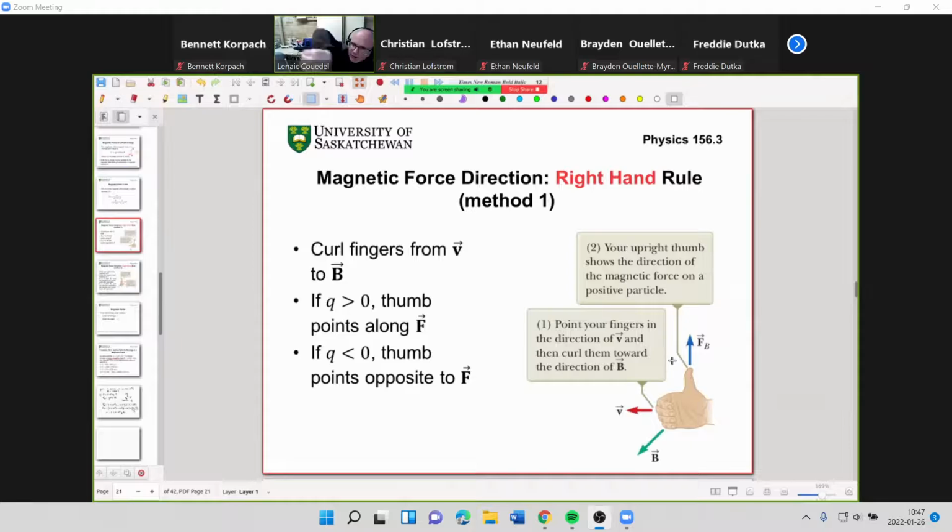That was coming out of the screen for me, and you see my thumb is pointing downwards. That gives me directly the direction of the force because the alpha particle is positively charged. Make sense? Yes, thank you so much. All right, so let's try to do case B now.